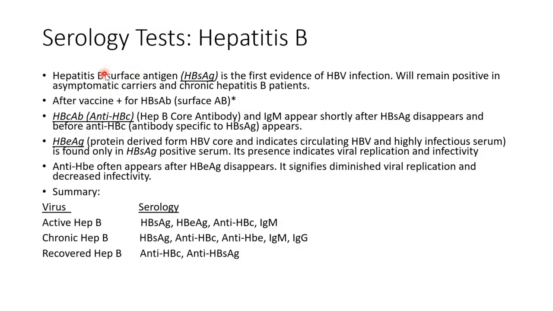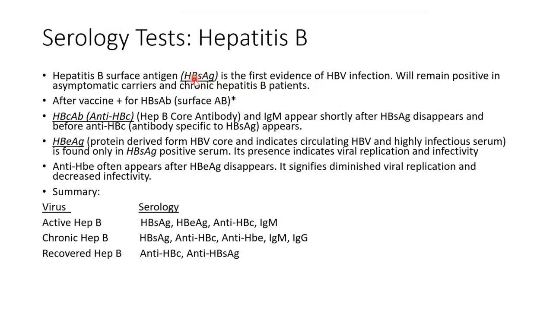When we talk about a surface antigen, we call it HBsAg, and it is the first evidence of a hepatitis B infection. So we draw an HBsAg, and that says you have a positive surface antigen to hepatitis B. If you have a positive antigen to hepatitis B, you got hepatitis.